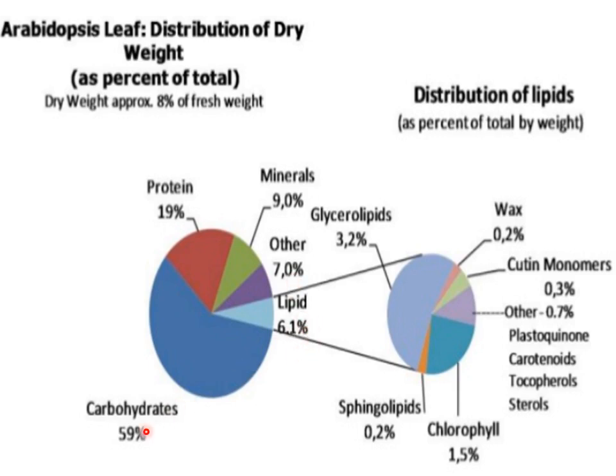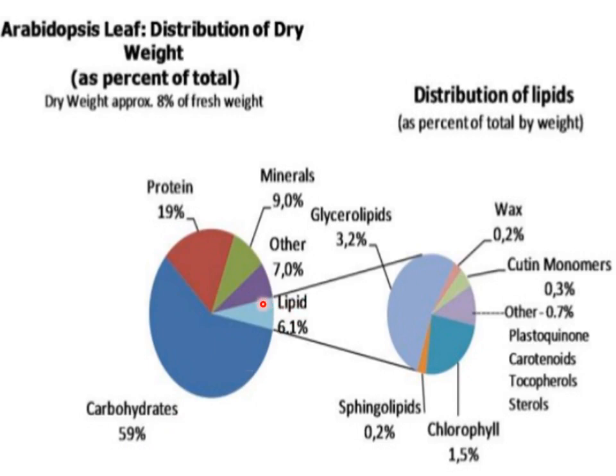Here you can see the big difference between the quantity or percentage of both biomolecules in the dry weight. The lipids are 6.1% and carbohydrates are 59%. As I told you, carbohydrates are present in huge quantity and mostly utilized in the body.